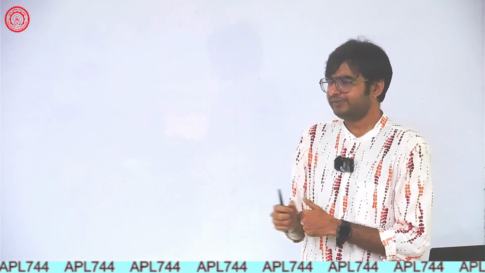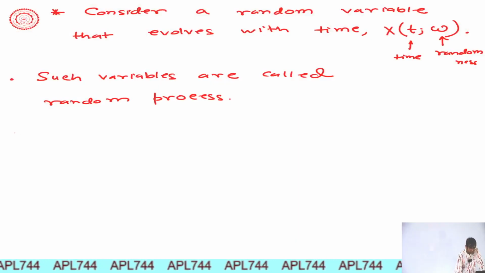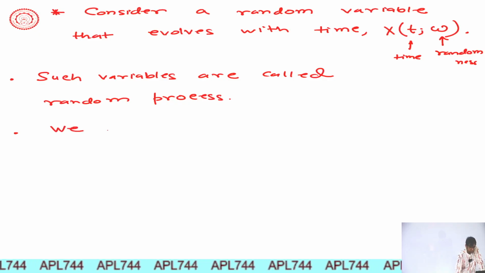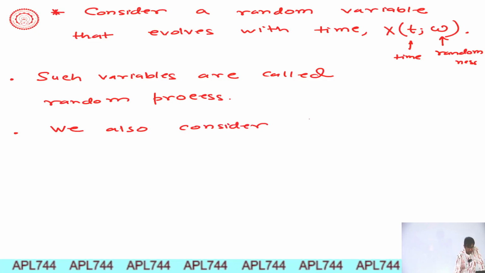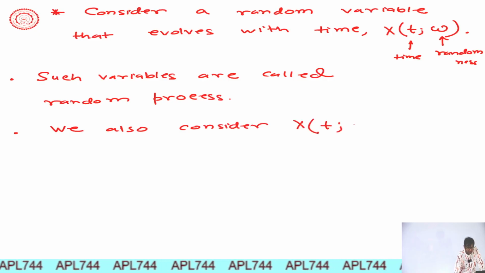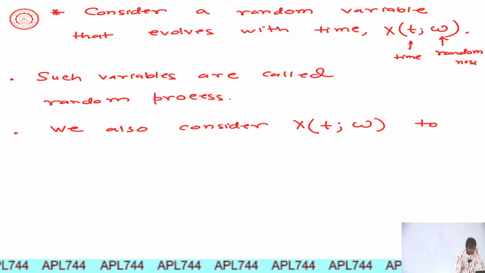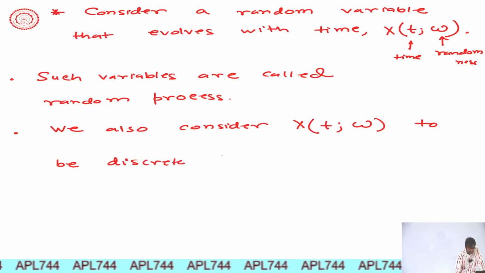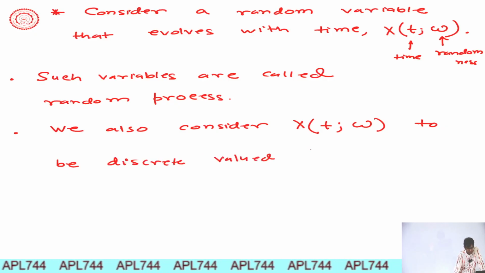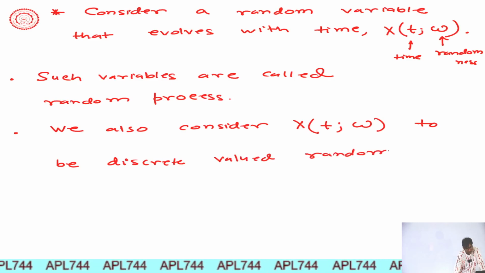Now to make things simpler, we will assume and work with a discrete valued random process. So we also consider x(t; omega) to be a discrete valued random process.